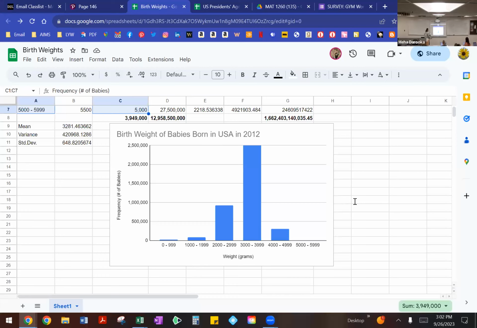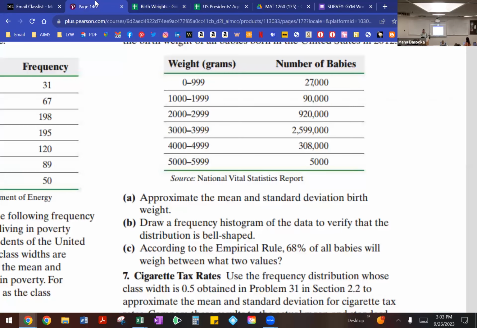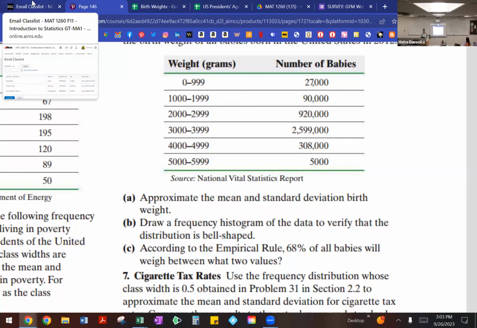I mean, you do have to imagine there's a little tiny bar over there on the 5 to 599. It's just not showing up. I mean, it's not going to be a perfect bell shape, but I think we can make the argument that you have the higher number kind of in the center, and then it's making that little normal curve. So I think we could make the argument that yes, it is sort of a bell shape distribution. And we'll have to wait for that third question because we have not talked about the empirical rule yet, but we can do that next time.